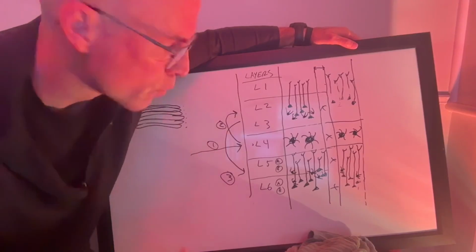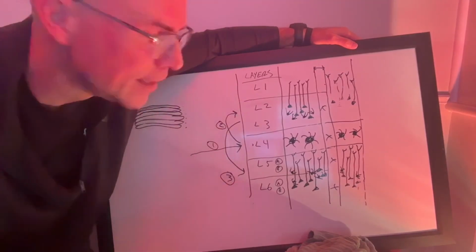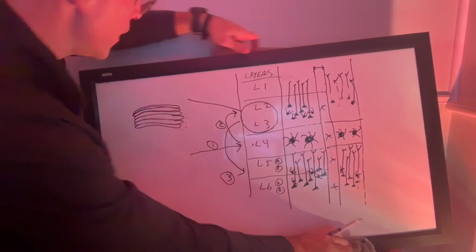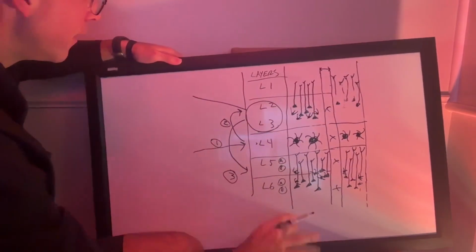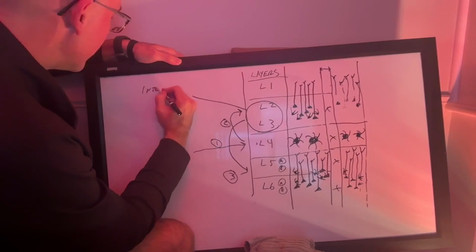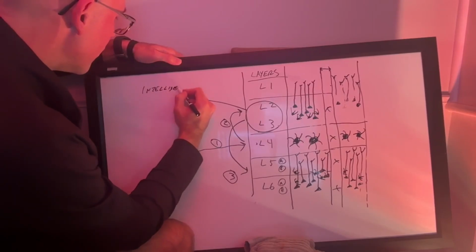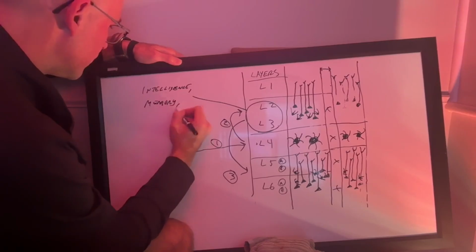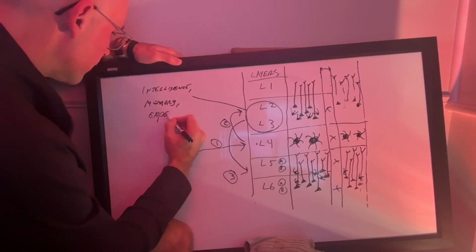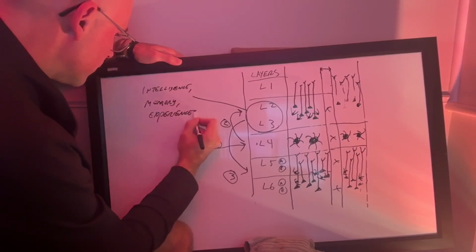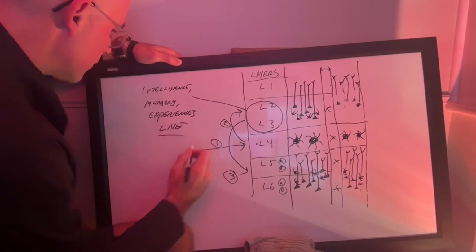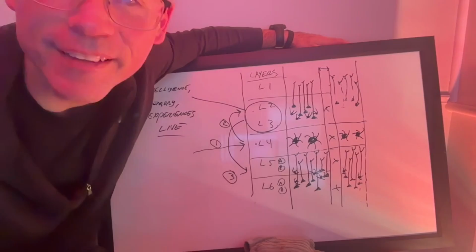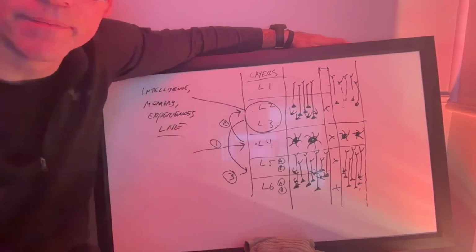So why 2 and 3? Why not go here and down? Layers 2 and 3 is where you can say this is where our intelligence, our memory, our ability, our experiences live.